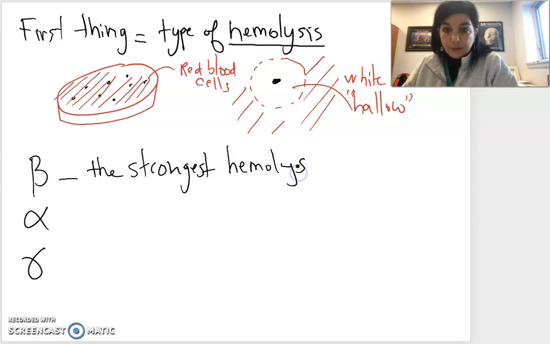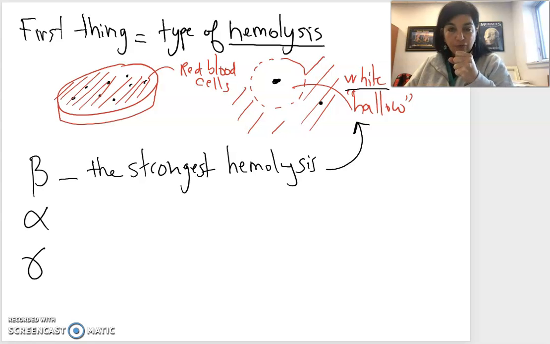This is where we will have that white halo. It will be a very stark contrast between the cells growing on the surface and the missing pigment all around these cells, because they destroyed all of the red blood cells inside the medium around them. So the strongest hemolysis is beta. For me, beta sounds like burst, and this is the strongest hemolytic property.